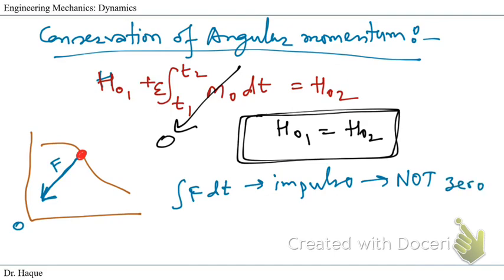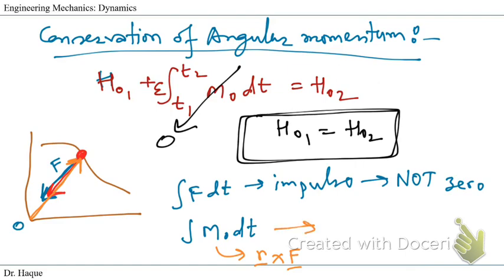But the angular momentum change comes from the moment, which is R cross product F, right? In this case, R would be in the same direction as the force is acting. The force is towards the origin, and R is also in the same direction, so the angle would be 0.